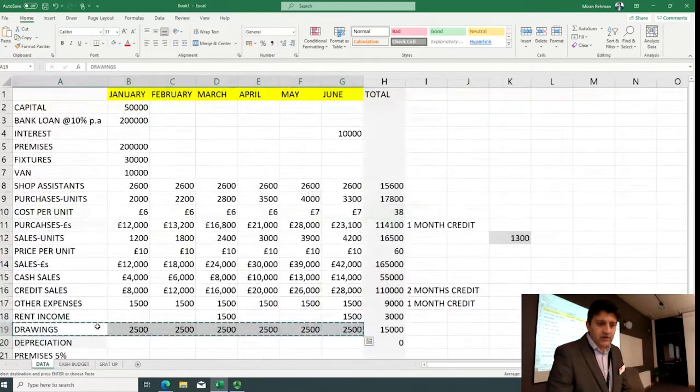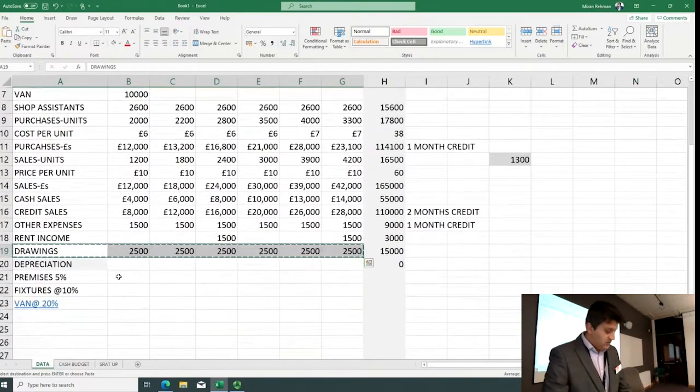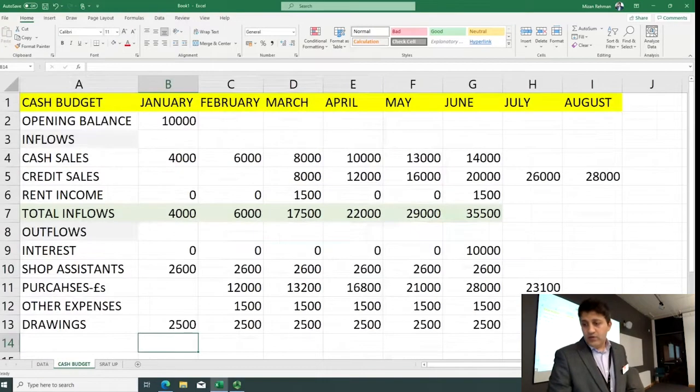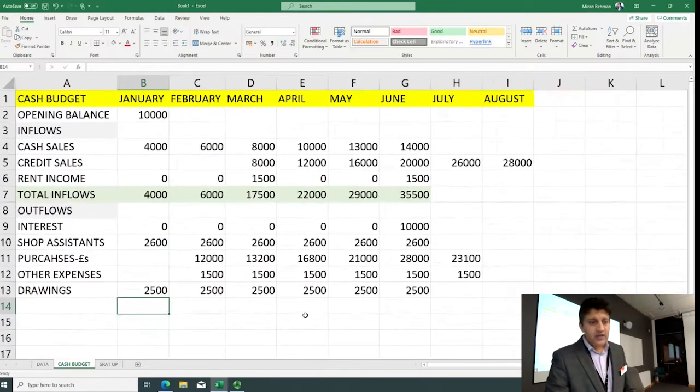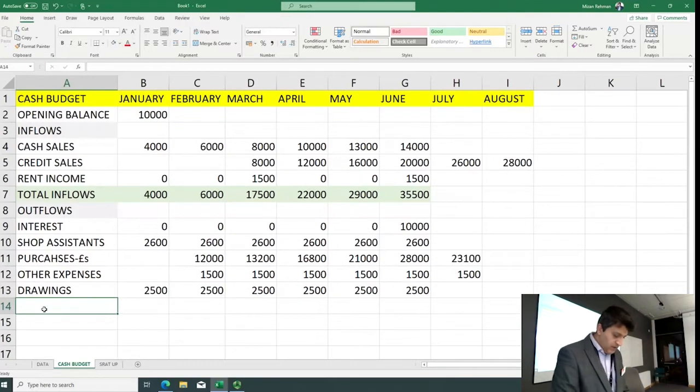And I think I have covered all of my outflows. Depreciation is an expense, but is not a cash expense. So what I can do is total up my total outflows.